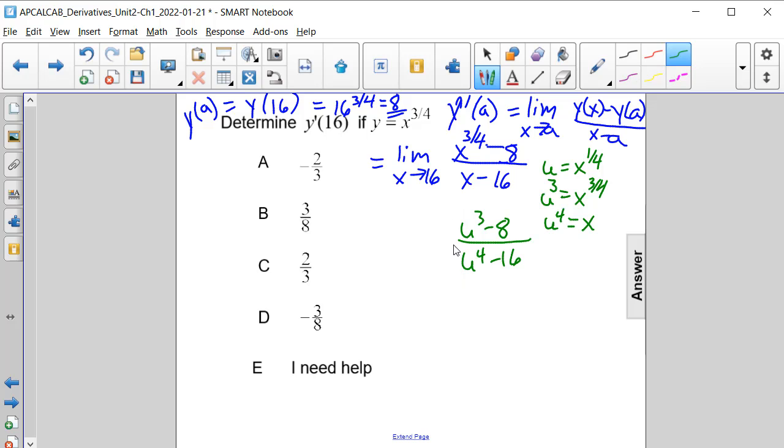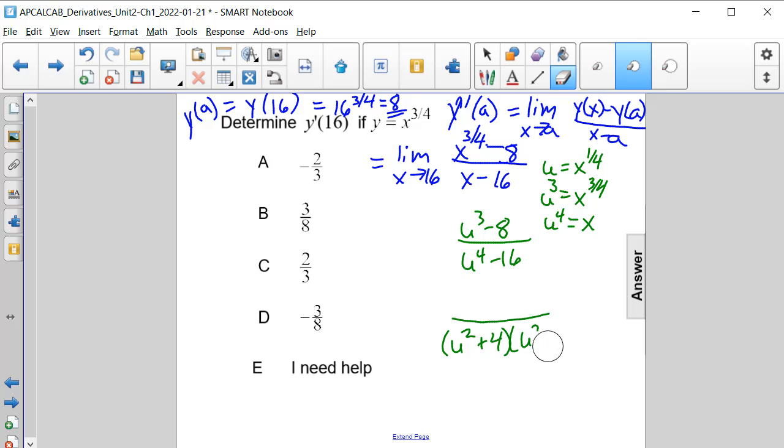So let's actually do that as we simplify. So we're definitely going to have u squared plus 4 times u squared minus 4. Well, u squared minus 4 factors into u plus 2 times u minus 2, so let's do all of that in the same line.